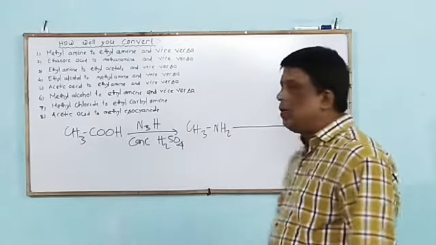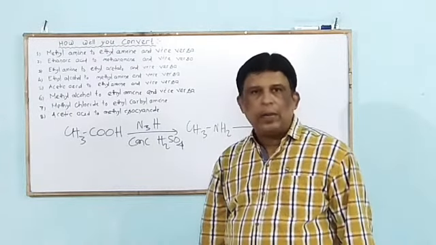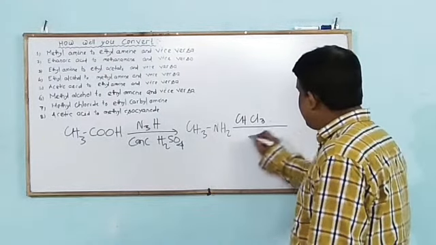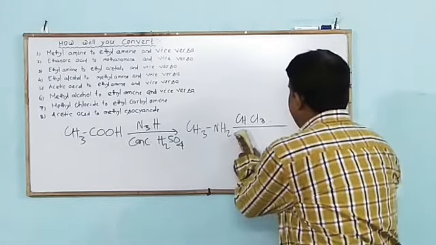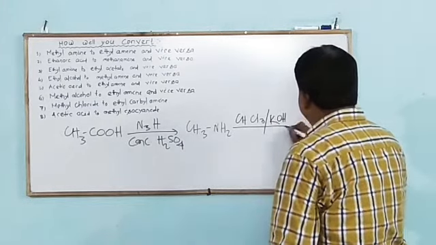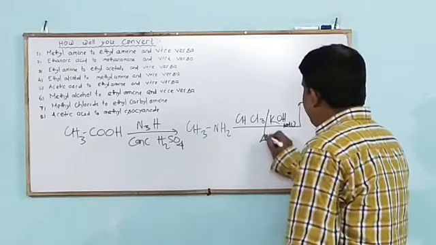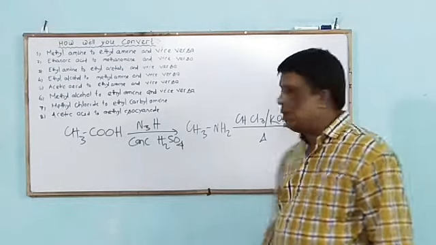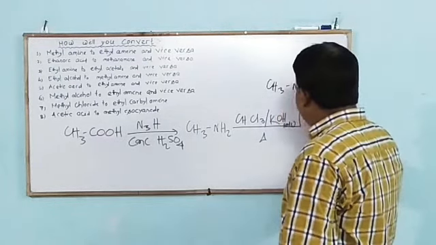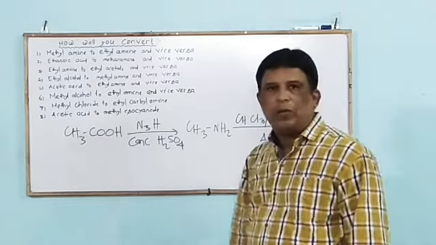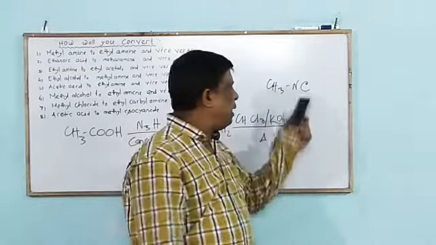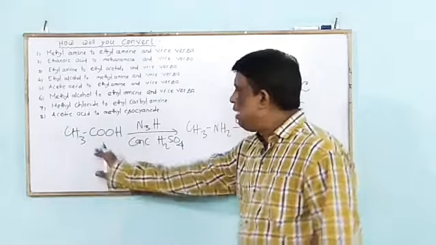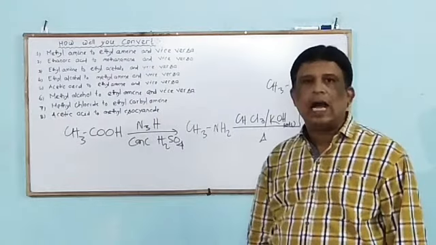Methyl amine, on the carbylamine reaction, that means heating with chloroform in presence of alcoholic potash, forms methyl isocyanide, a very unpleasant, bad smelling compound, that is methyl carbylamine. So in this way, acetic acid is converted to methyl isocyanide.